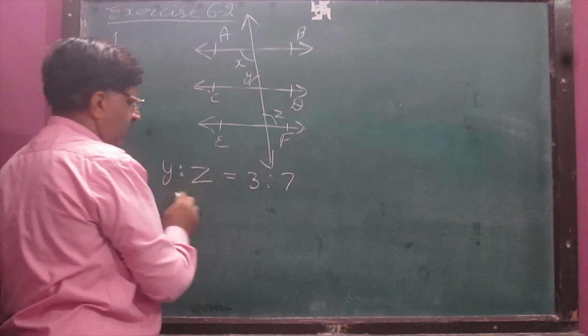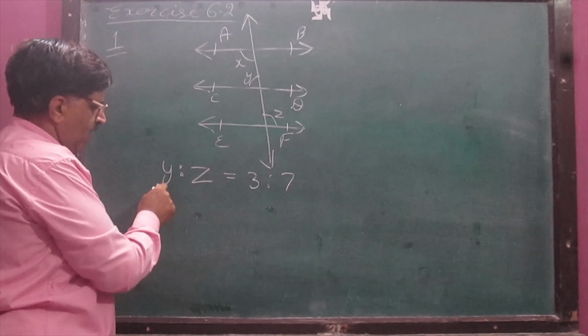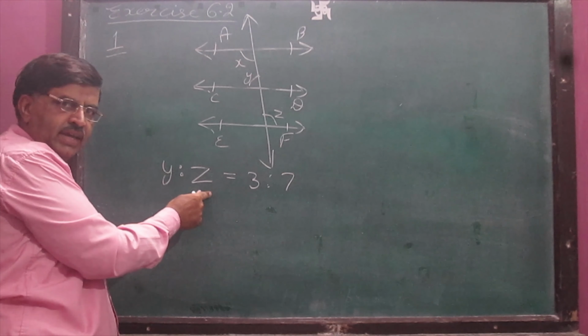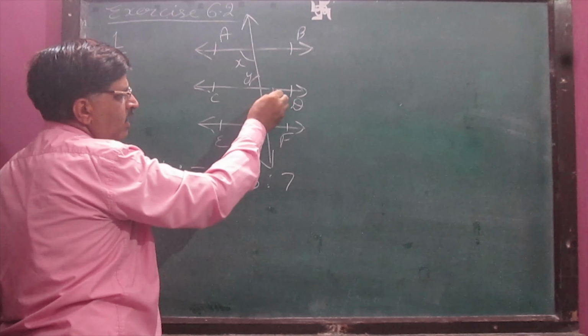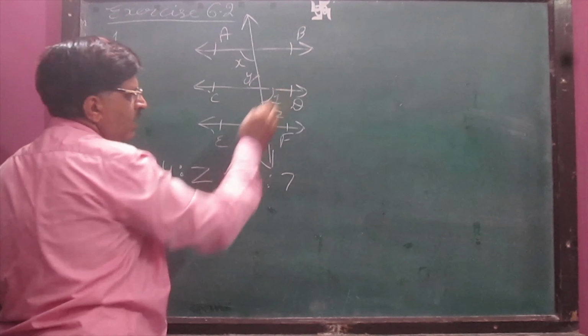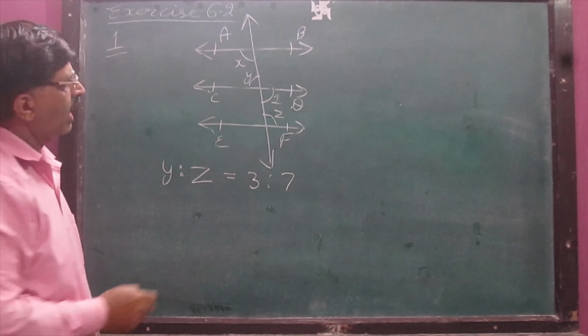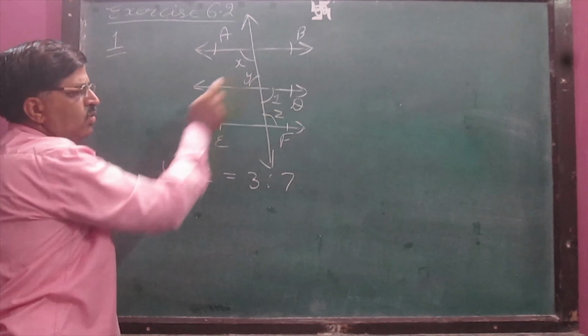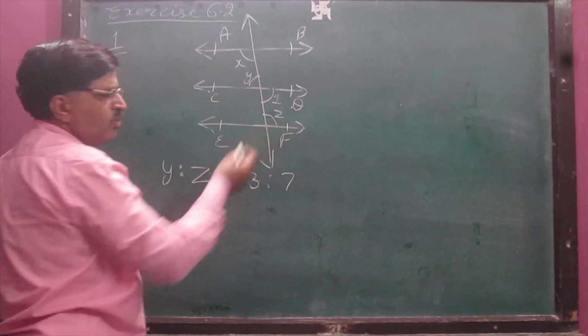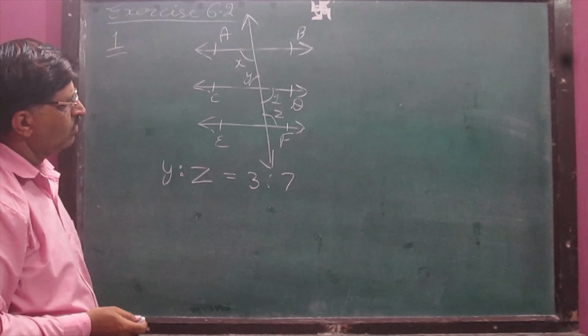X plus Y equals 180 degree, but we have a relation between Y and Z. So it is better to number an angle, angle 1 here, which helps you to find Y: 1 equals Y, and 1 is related to Z as 1 plus Z equals 180 degree.